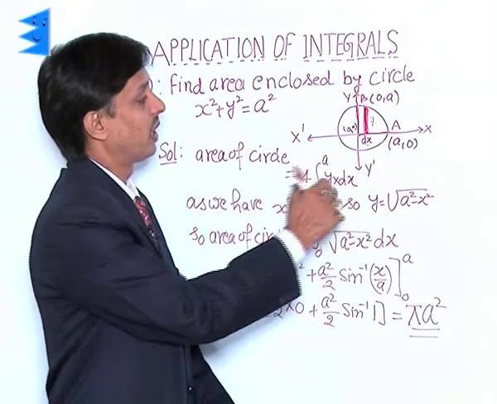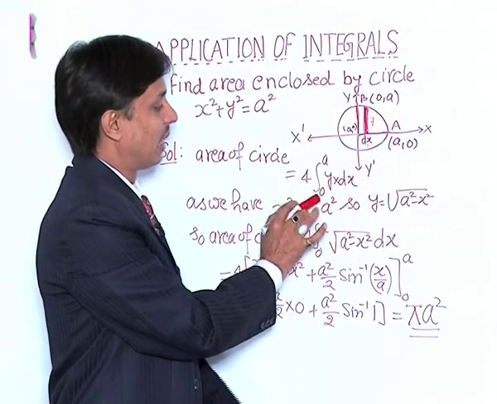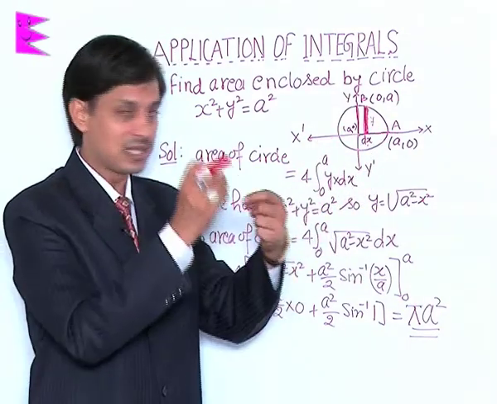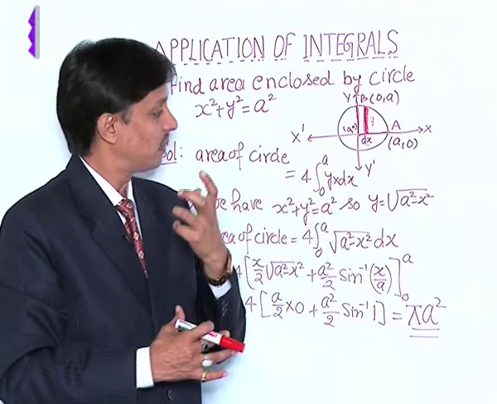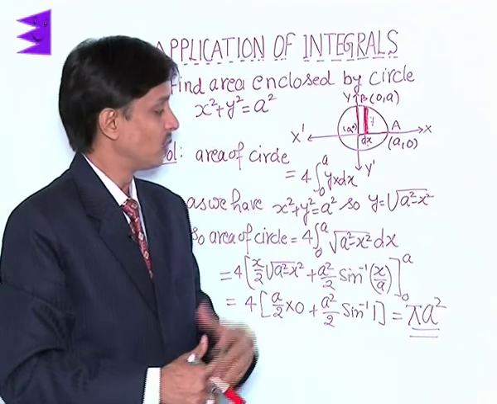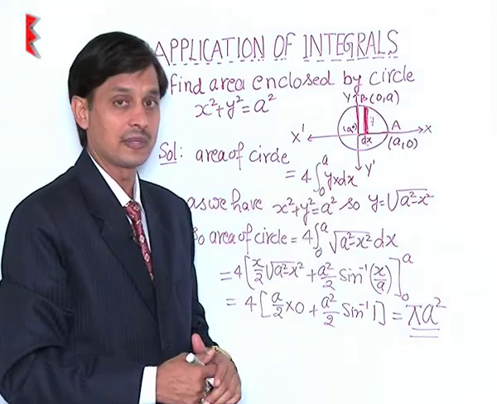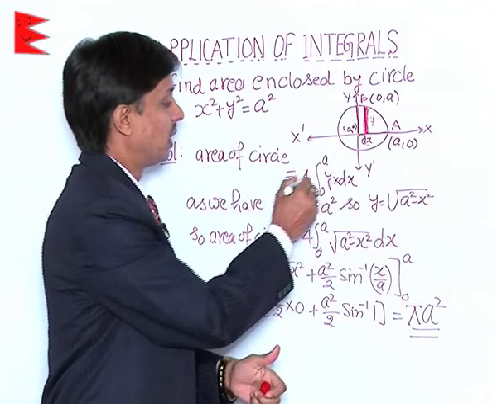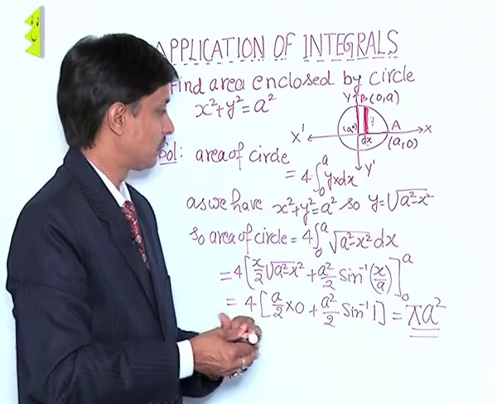So small rectangles are made from 0 to a. That's why I have written that integration is basically a summation, 0 to a, the sum of all those rectangles' areas whose height is y and width is dx, y into dx. It's 4 times, the reason being that there are 4 equal identical parts.